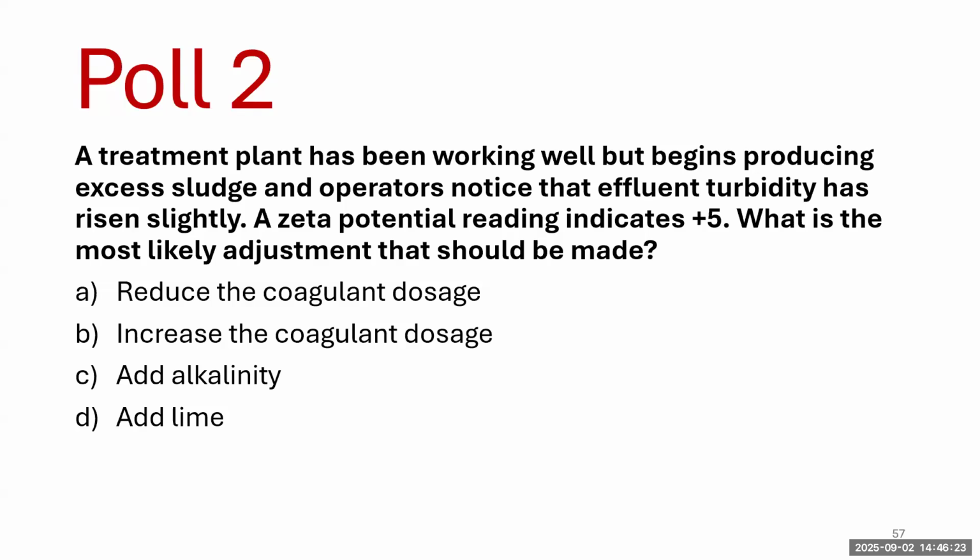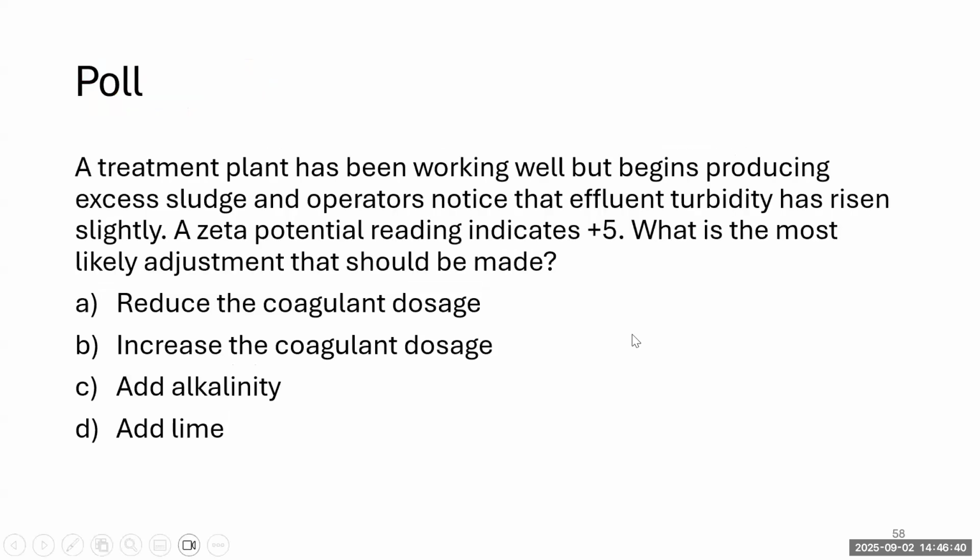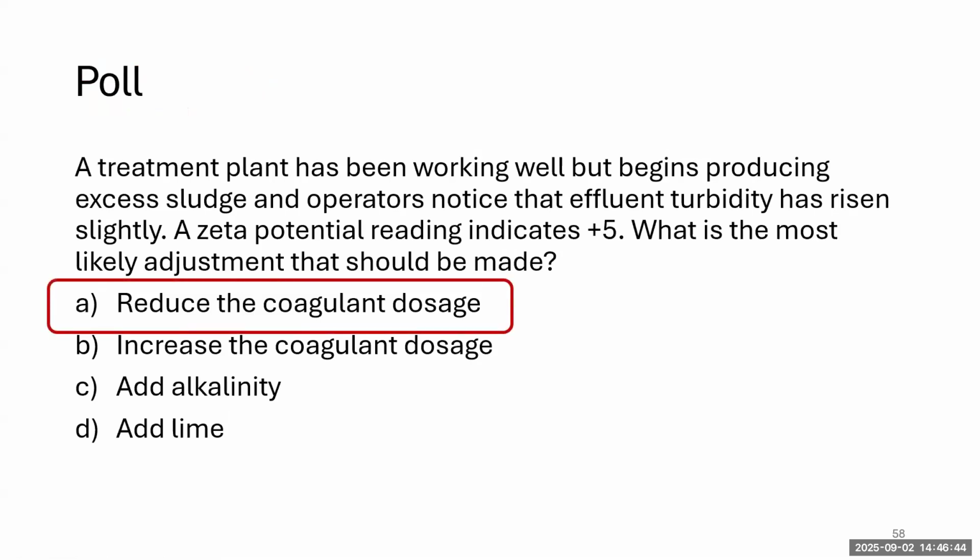Okay, so I closed the poll. And at this point, we have 52% of people saying that A is the correct answer, reduce the coagulant dosage. Well, 52% of you had the same answer as me. And the reason is the +5 means we have more positive charges in the water than negative.